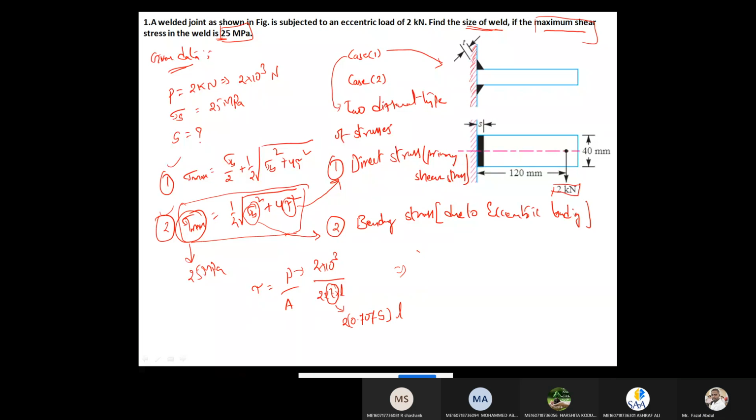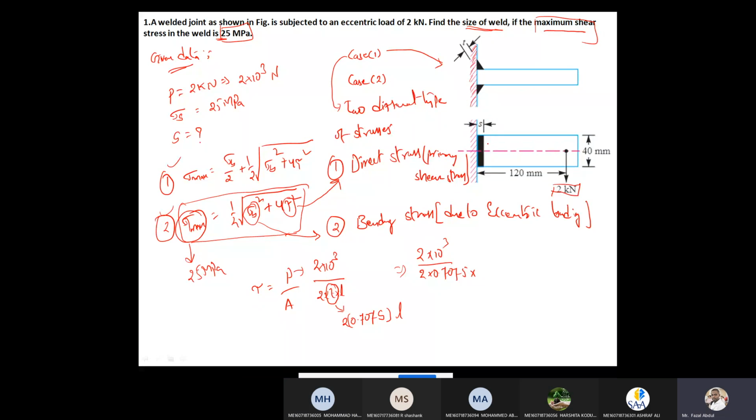Now 2 into 10 to the power of 3 divided by 2 into 0.707 into s into l.